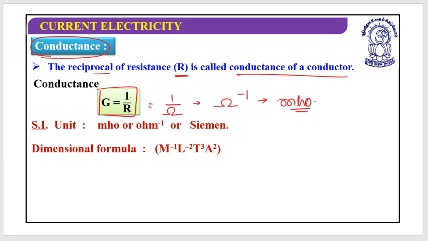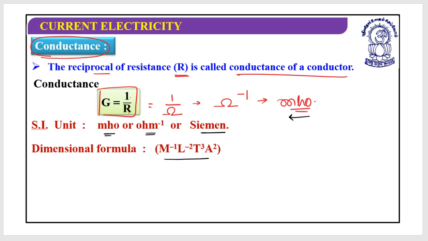If you see this, it is the reverse of ohm, that's why it is called mho. It's a mho or ohm inverse or Siemens. The dimensional formula is M minus 1, L minus 2, T3 and A2. You can calculate it very easily.